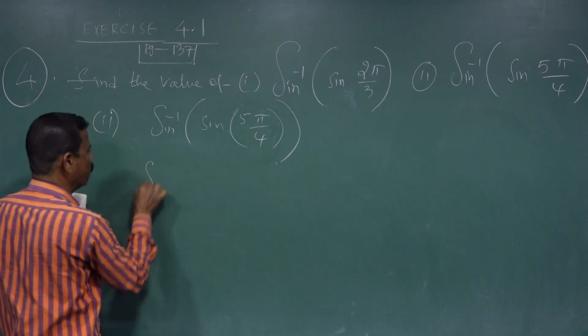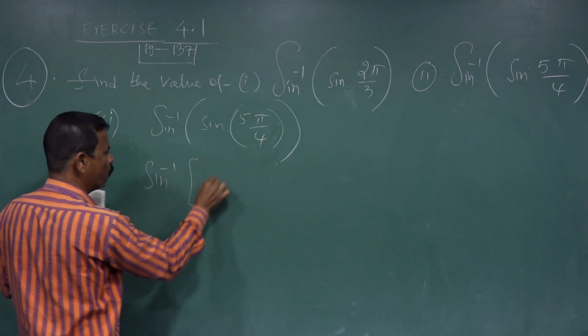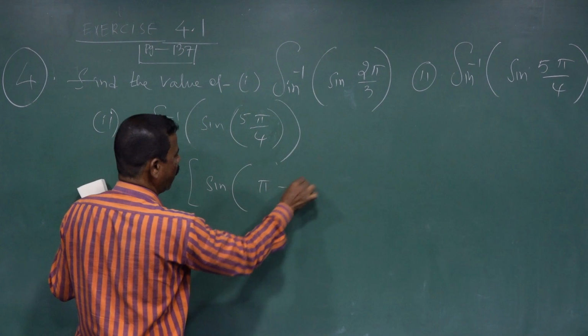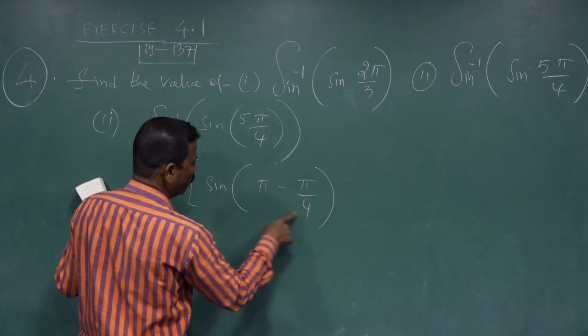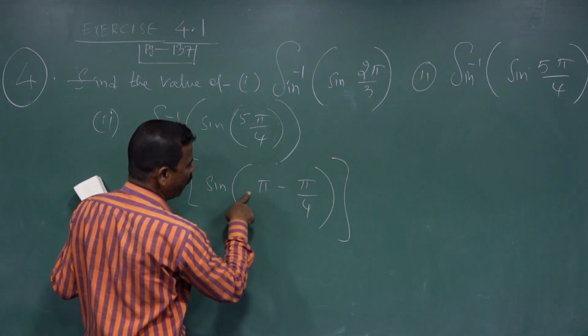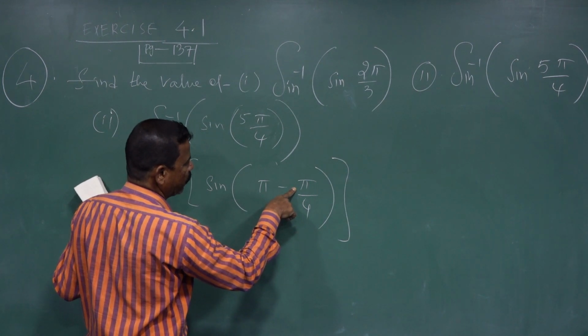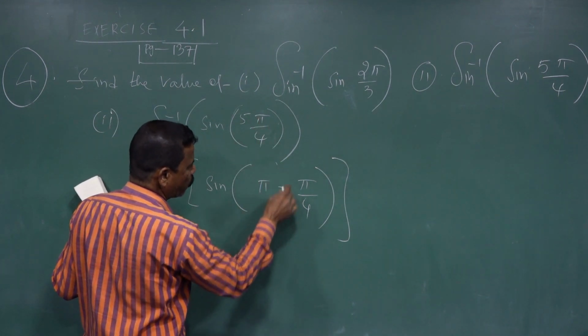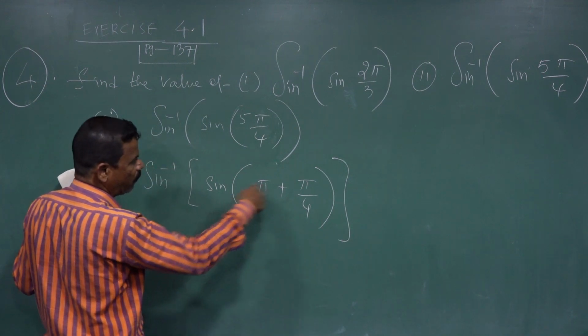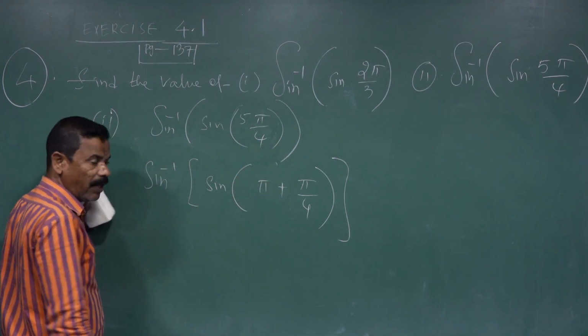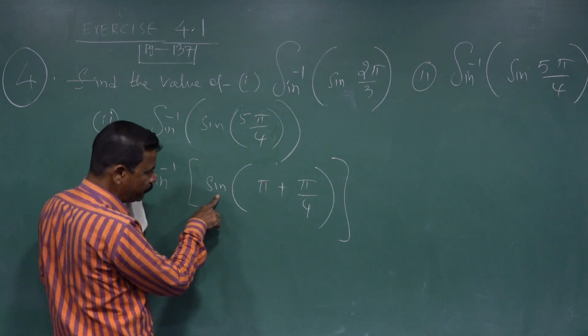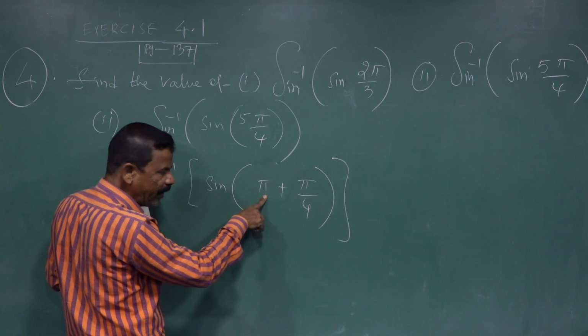How do we restrict it? Sin inverse of sin of π minus 5π by 4. Is it balanced or not? Check: 4π minus 5π, minus π by 4 coming. So it is 5π by 4, not suitable. Put plus: 4π plus π, 5π by 4. Here sin of 180 plus theta.